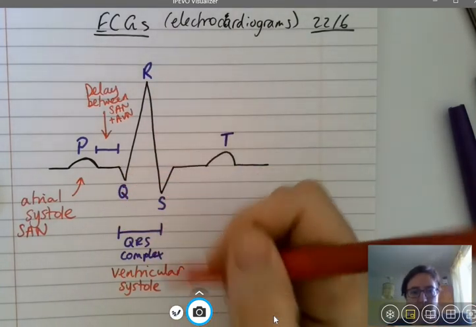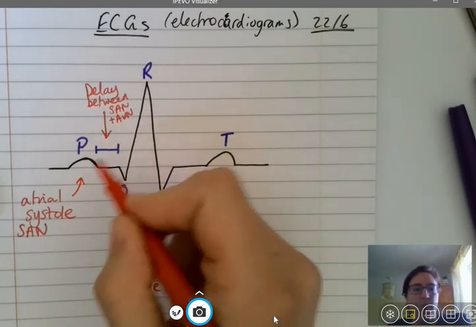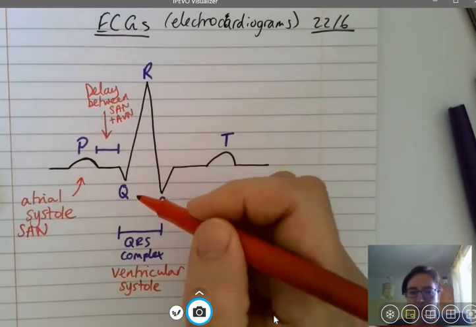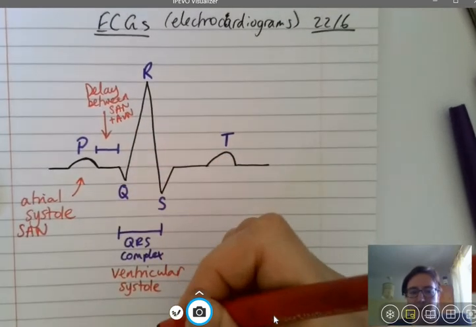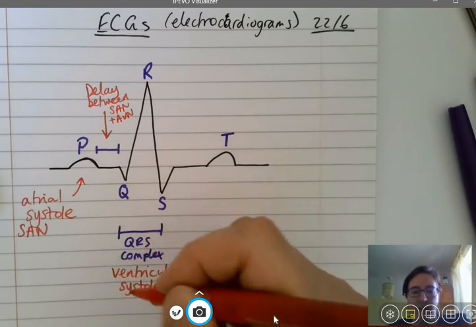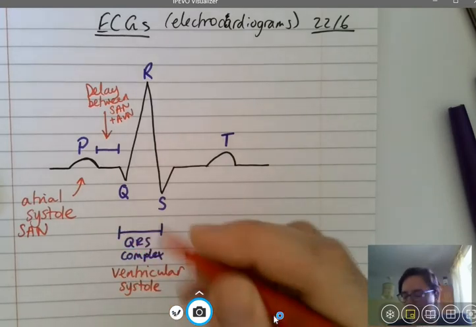So at this point, our signal, our wave of electrical excitation, has been passed from the atrioventricular node down the bundle of His and up into the Purkinje fibres, so that the contraction can start at the base of our ventricles.